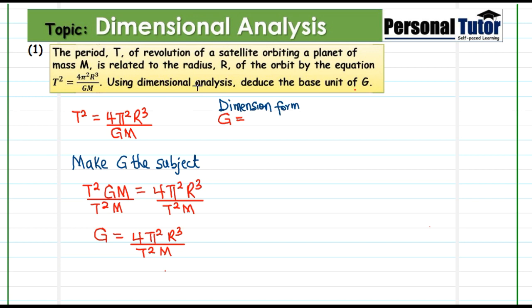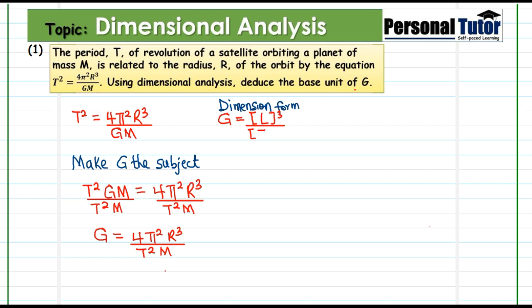This R is called radius and its dimensional symbol is L. So that will be L cubed over T squared. The T is said to be period. Period simply means time.